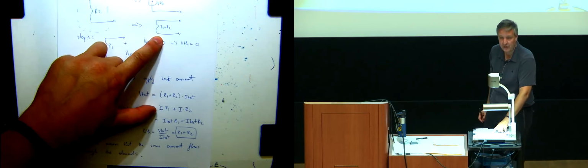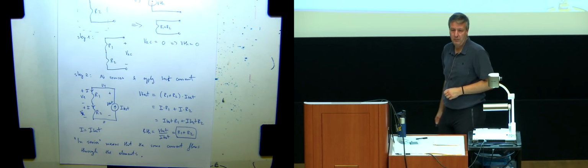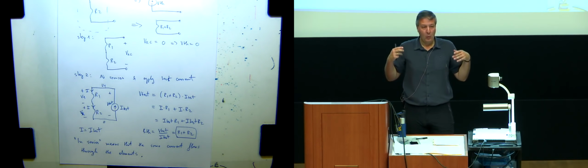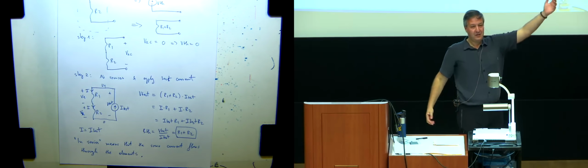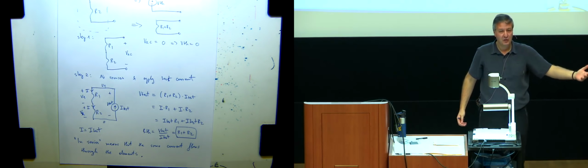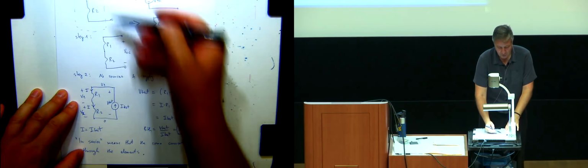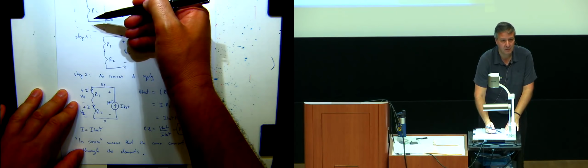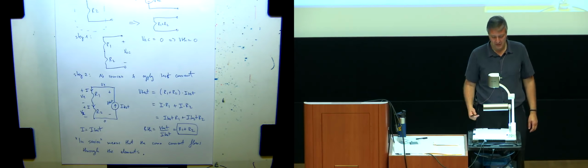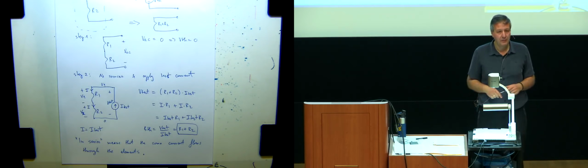So these two circuits are equivalent. So when you start getting piles of resistors in your circuit, if they're all in series, meaning they're all sharing the same current, you just sum up all of these resistors and represent them as one resistor.